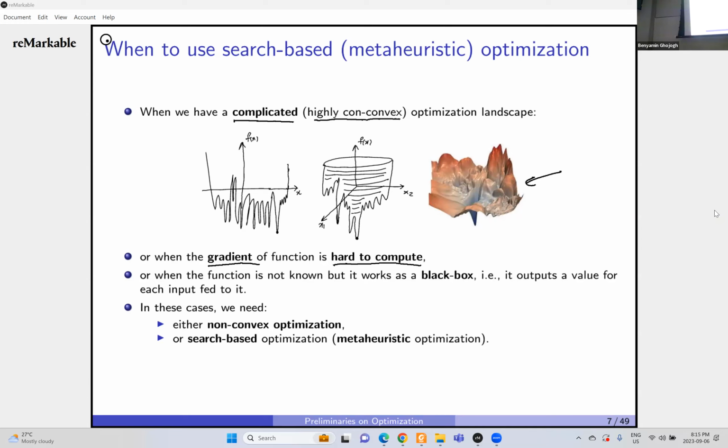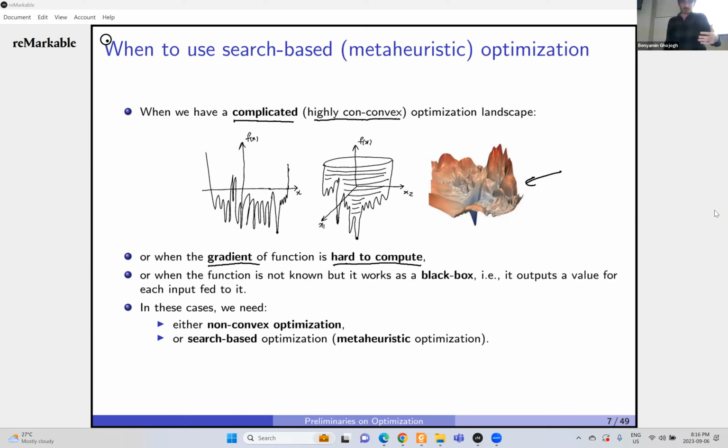Then you can only feed some inputs and get some outputs, right? Then in this case, you also need to do metaheuristic optimization. Because for calculating the derivative, you need to have access to the function inside, right?